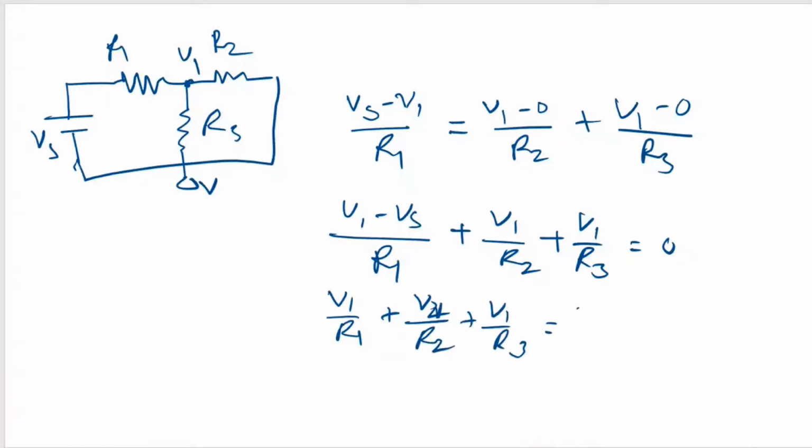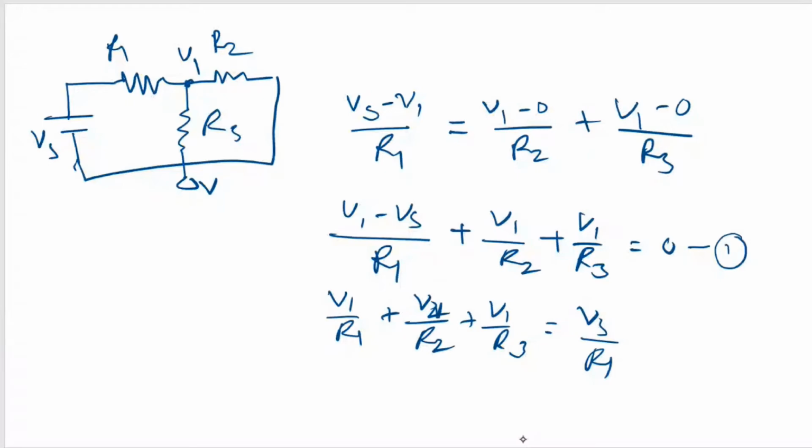Here we have assumed a voltage and started writing the equation: V1 minus Vs by the element in between these two, which is R1. Similarly, V1 minus 0 by the element between V1 and 0.